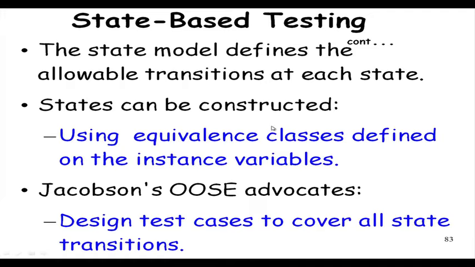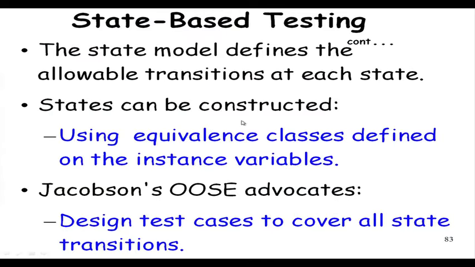And therefore, we have to first construct the state model of a class, and the different states can be constructed by using equivalence classes defined on the instance variables. What we really mean is that the instance variables of an object actually define the states.